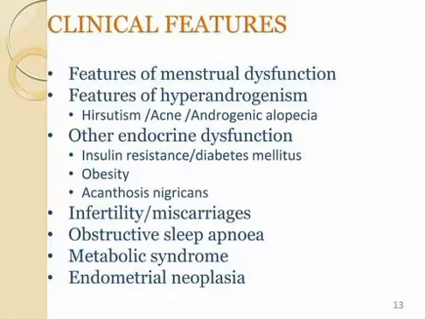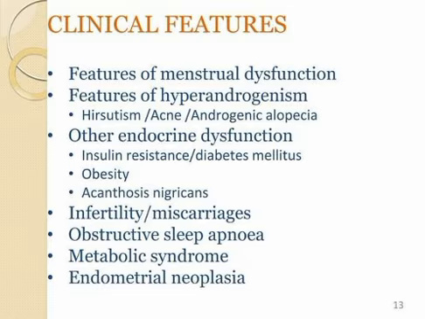And the next will be the features of hyperandrogenism. Hyperandrogenism is the excess of androgen hormones in the body, which may lead to hirsutism, acne, androgenic alopecia. Hirsutism means there will be increased hair growth on the face, etc. Acne, as well as androgenic alopecia, where there will be high hair loss.